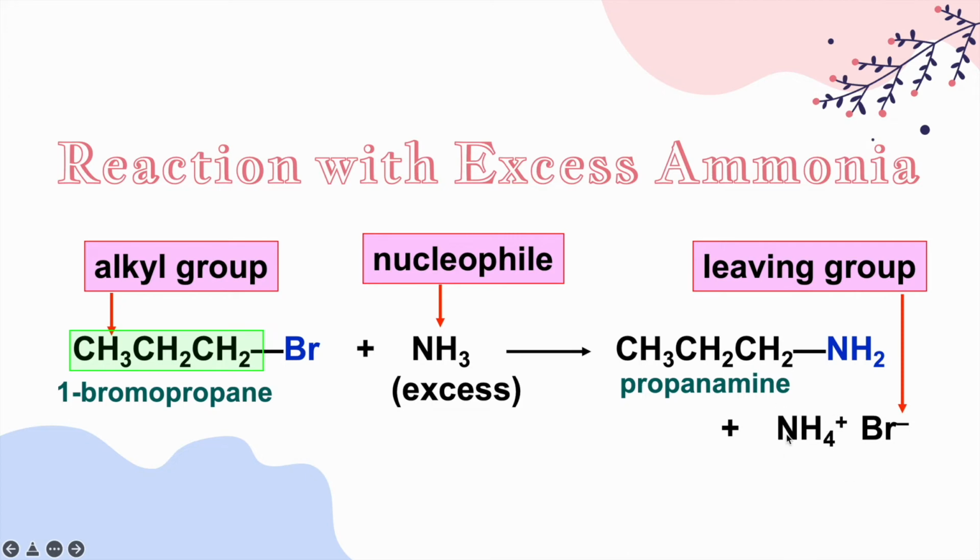So NH4 plus means another NH3 molecule taking the hydrogen atom from the first NH3. That is the nucleophile. So the product will be the R group attached to NH2, and then NH4 plus as a side product, and Br minus. So this NH4 plus Br minus is the leaving group.